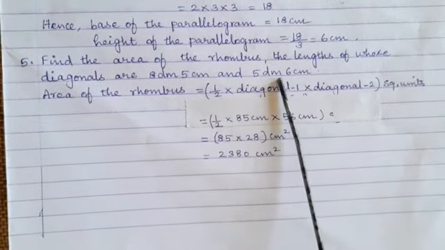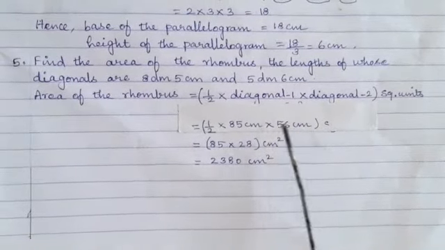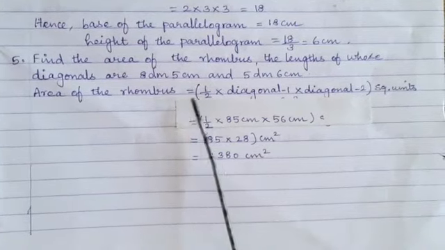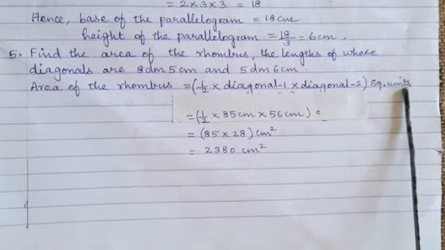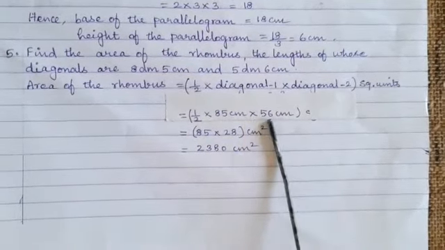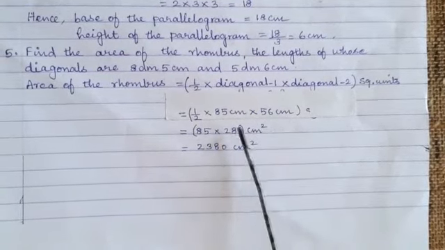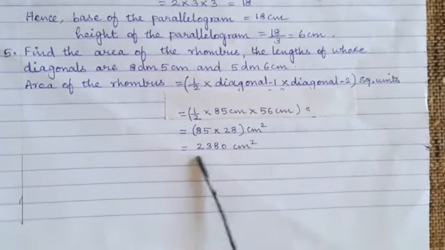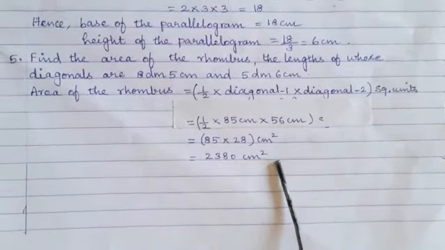Second diagonal 5 decimeter 6 centimeter converting into centimeter, that is 56 centimeter. For the formula first, area of the rhombus equal to half into diagonal 1 into diagonal 2 square units. Half into 85 centimeter into 56 centimeter. After simplification, you cut 56, then you will get 28. So 85 into 28 centimeter squared, which is equal to 2380 centimeter squared.